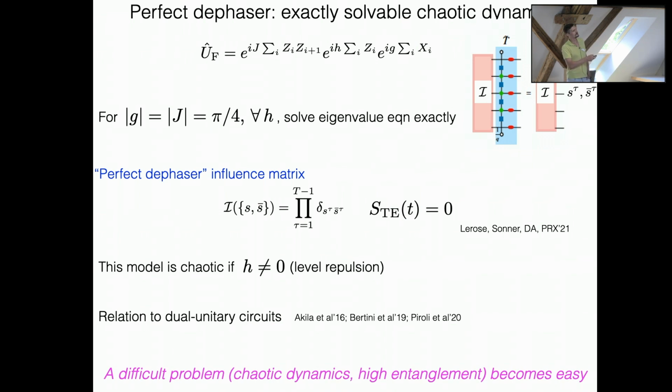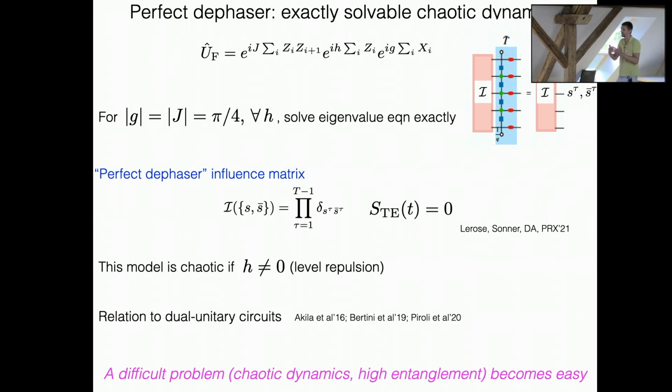So specifically, if you choose them to be pi over 4, then for any Z field, it turns out that you can solve this eigenvalue equation exactly, and the resulting form of the influence functional is extremely simple, so it looks like that. So it's just the product of delta functions of the configuration of the spin on the forward and backward trajectory at every moment of time. So it is a product state.